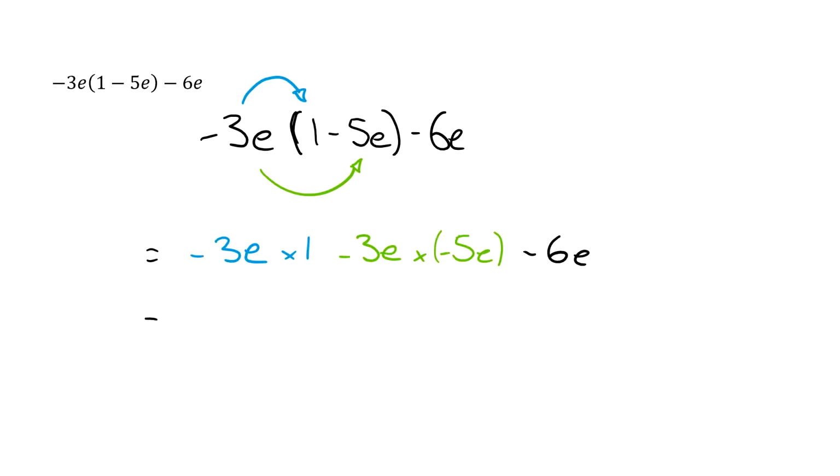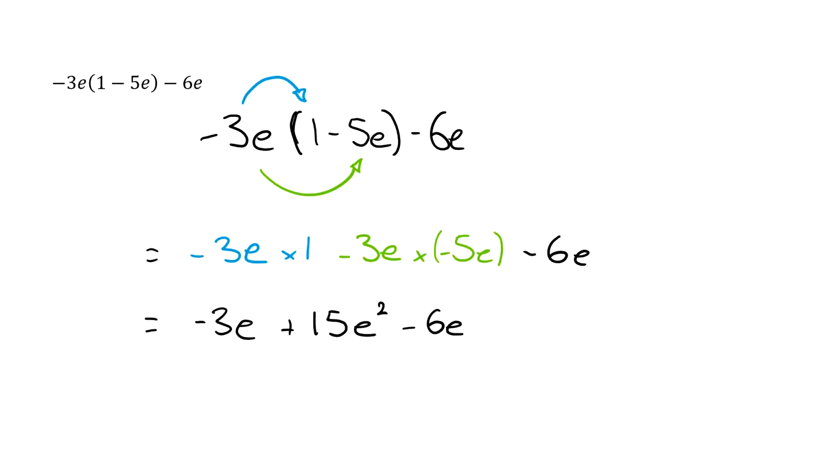Now we can start to simplify these down. So we have negative 3 times 1, which is negative 3e. We have negative 3 times negative 5e. Now a negative and a negative make a positive, remember that. So we end up with 15e squared, and then we have our negative 6e at the end. We now look for what we call like terms.